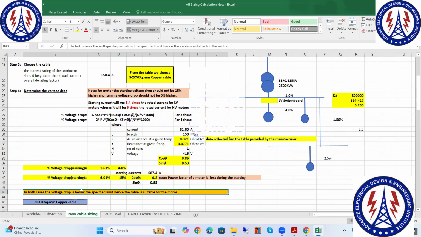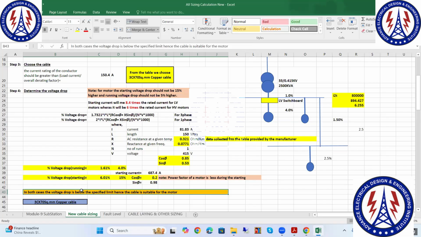Regarding the voltage drop percentage, you mentioned 1% plus 4%. Is this only your assumption, or is there any IEC standard you are following for 5% voltage drop? It's a recommendation from the motor manufacturer. This voltage should be available as the minimum voltage at the motor terminal. They recommend a voltage drop of about 4%.